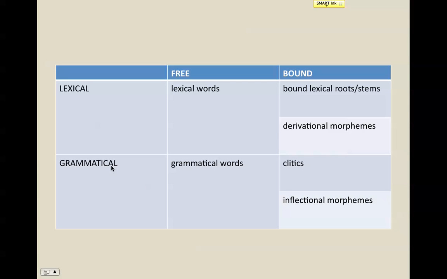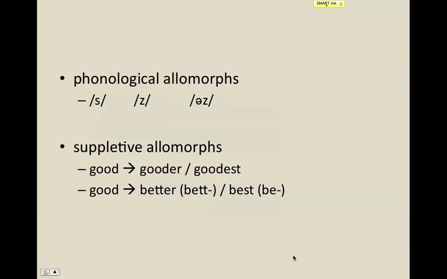You could have a grammatical free morpheme. You have a grammatical bound clitic or a grammatical bound inflectional morpheme. So these are all the different types of morphemes we could have, and we've talked about all of them thus far.